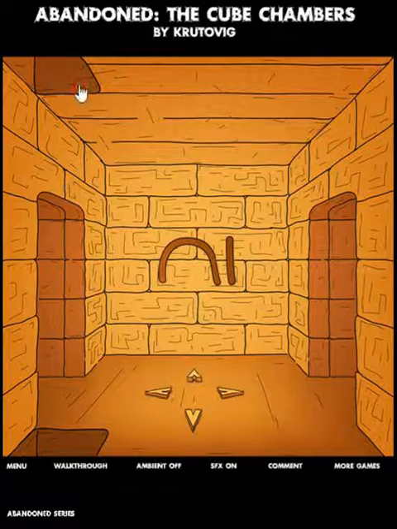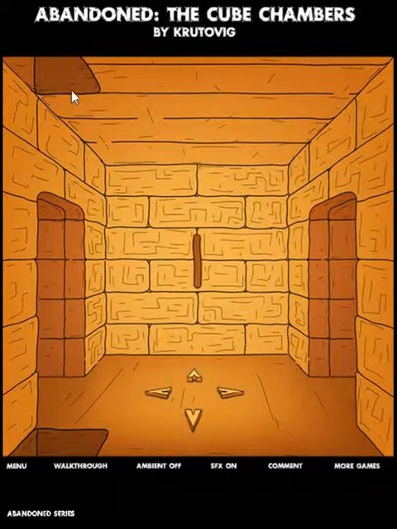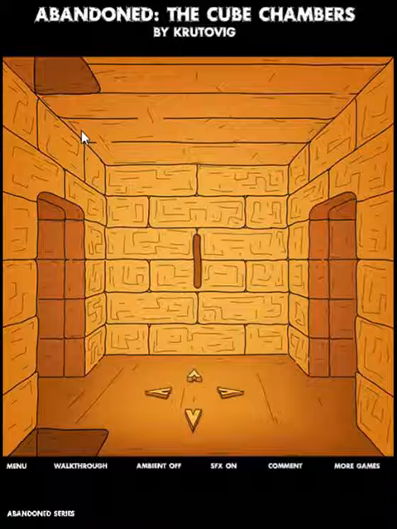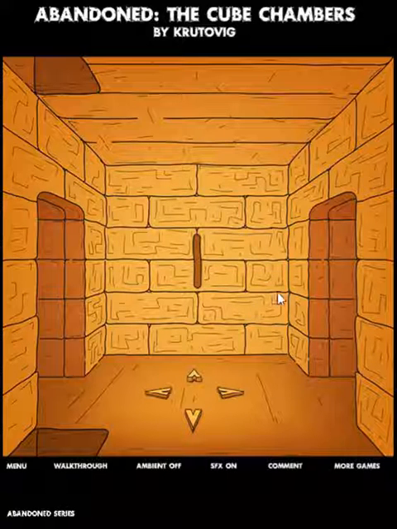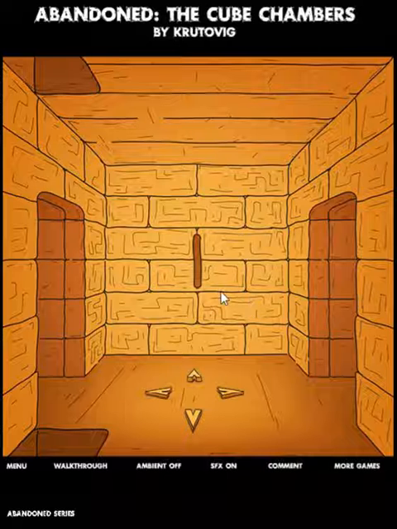Now, to do a 3x3 sliding puzzle, the easiest way to do it is to imagine that this wall here is divided into 3 blocks sideways and 3 blocks up and down. So there's 1, 2, 3, 4, 5, 6, 7, 8, and then 9 would be empty. Typically on a 3x3 sliding puzzle, the bottom right block is empty.